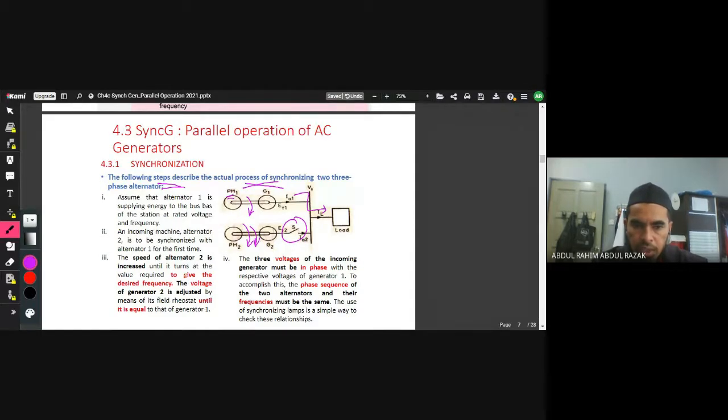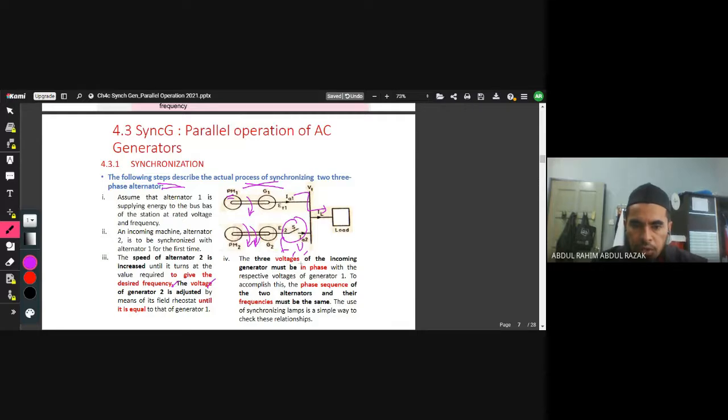So what happens is that we have to feed this G2 until the desired frequency, and voltage is adjusted equal to G1. So your frequency and voltage should be equal to G1.